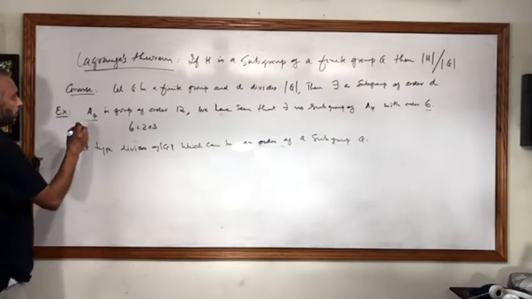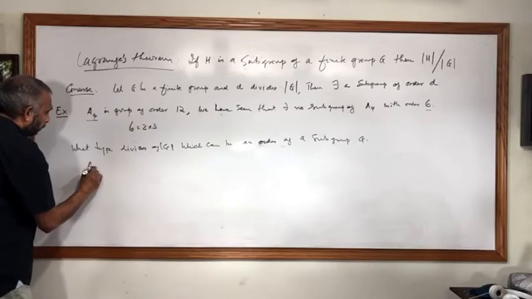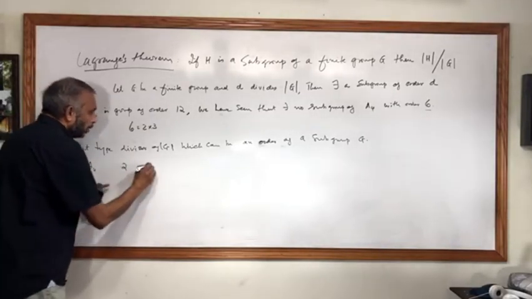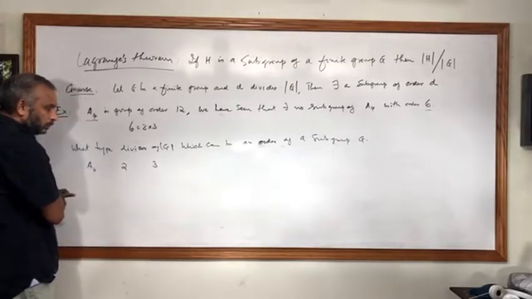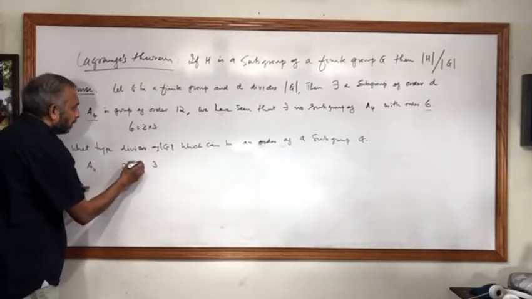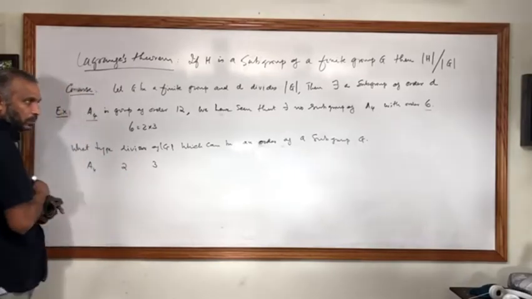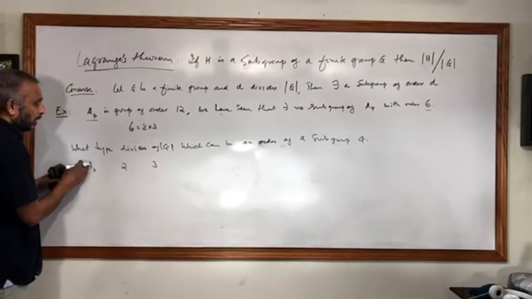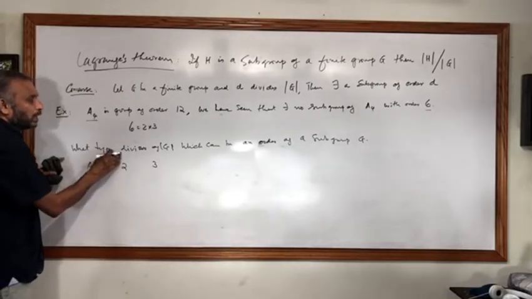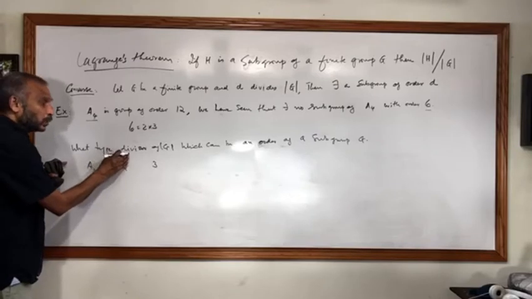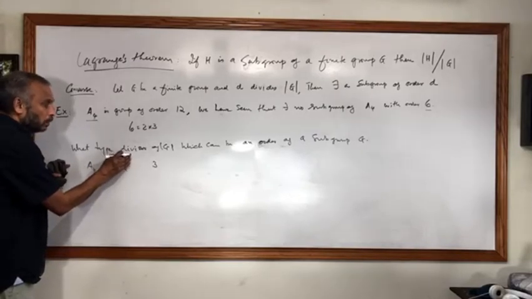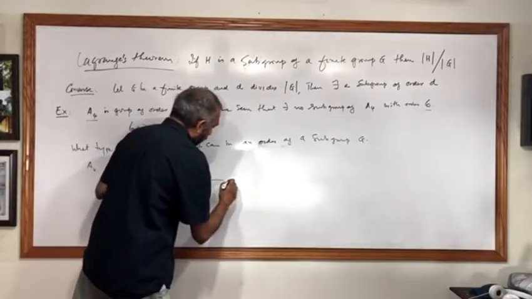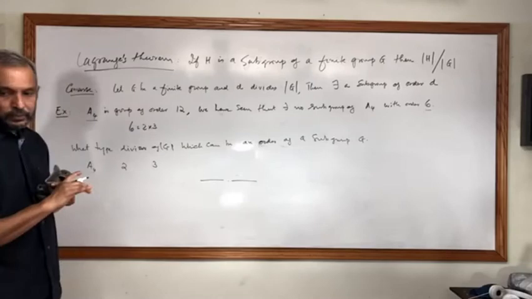See here, if you take A4, we can definitely find a subgroup of order 2 and order 3, but we cannot find one of order 6. But what is the generalization of this? What is the condition that we can put on the divisor so that you can always find a subgroup of that order? So that is our first step of Sylow's theorems.